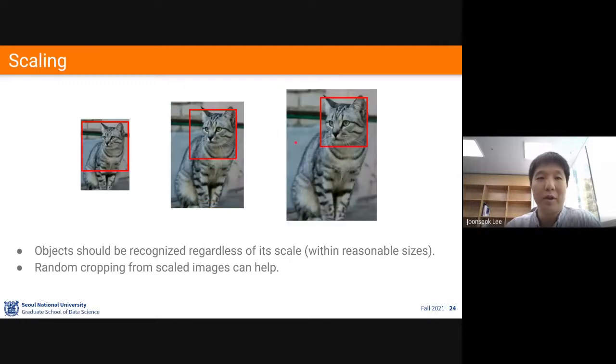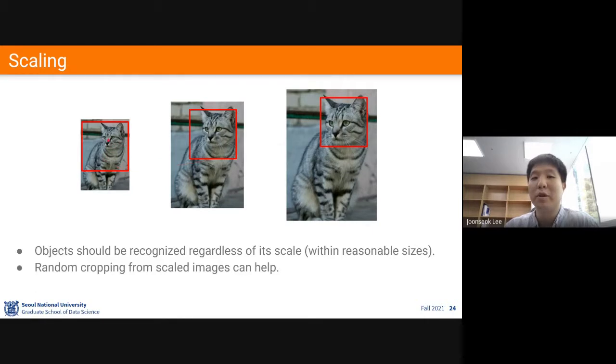Or scaling. This cat can be captured in this resolution or in larger resolutions. So if we have this large data set, you can try to reduce the size of this image and capture the same size of patch in different scales.